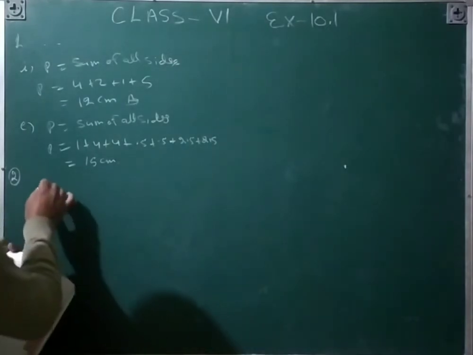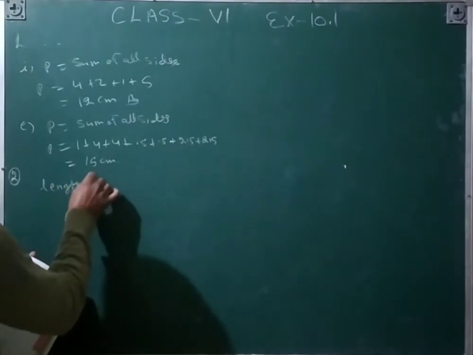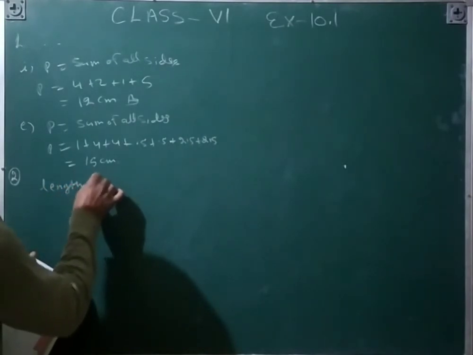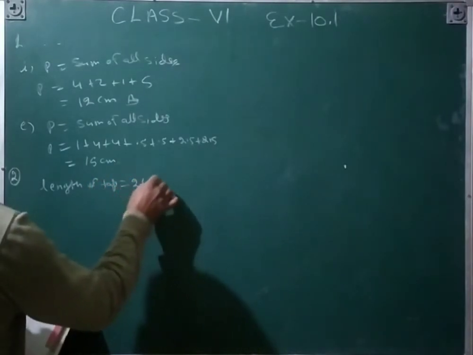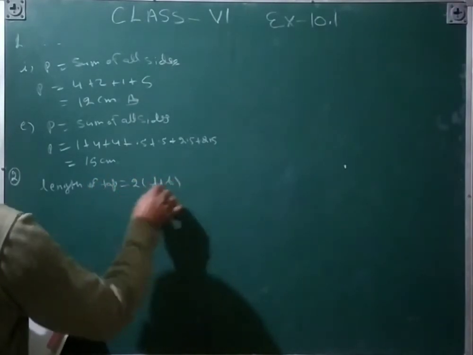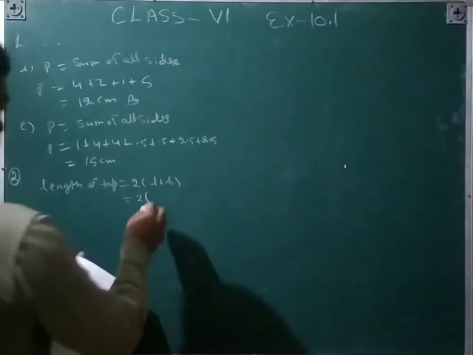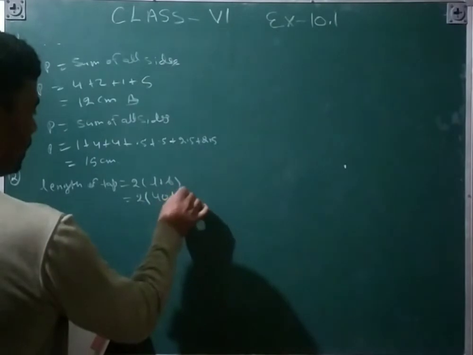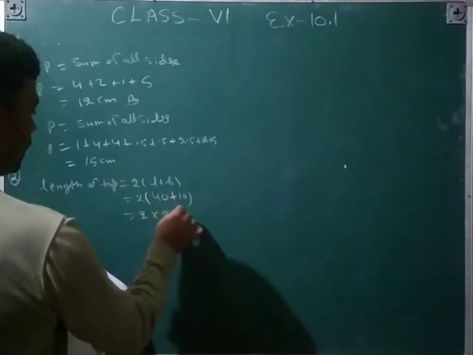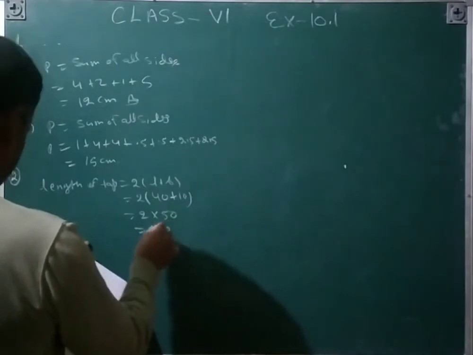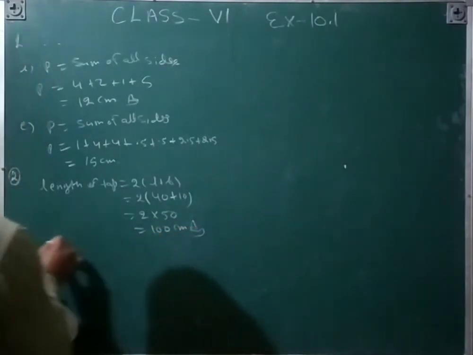So length of tape is equal to 2 bracket L plus B. L means 40 and B means 10. So 2 into 50 is equal to 100. That will be centimeter, the answer.